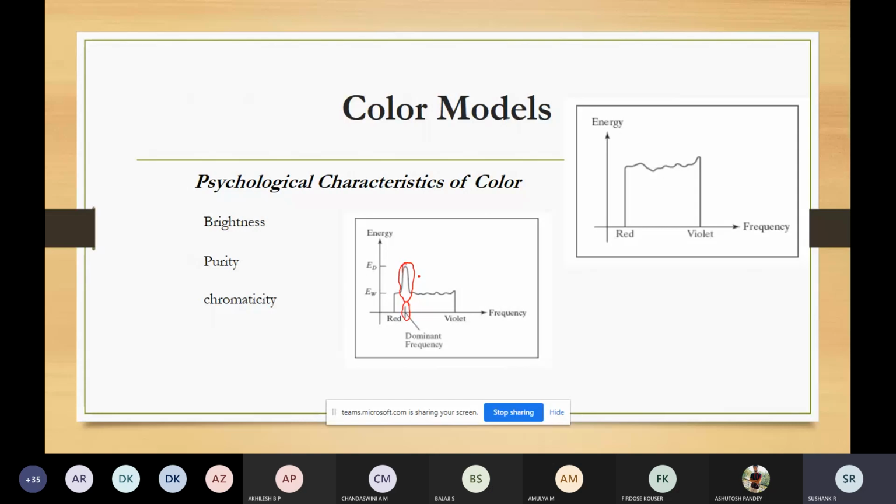All these things have very low purity, because that red is mixed with some other color component, because of which you're not having the true color. So you can call it a very low purity color. If the red is very light, it is not of a pure color.